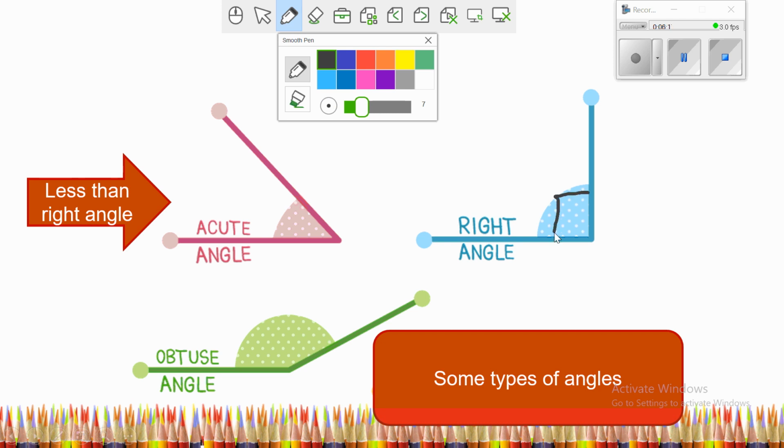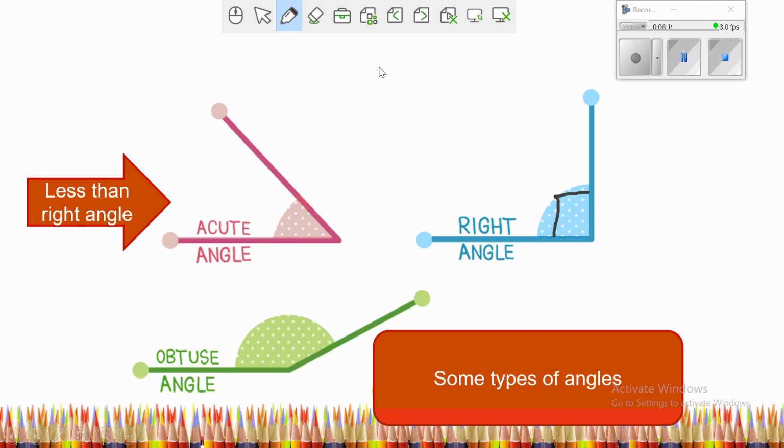I can find the right angle in the angles of what? Who can remember a shape that has right angles? Perfect. I have a square.